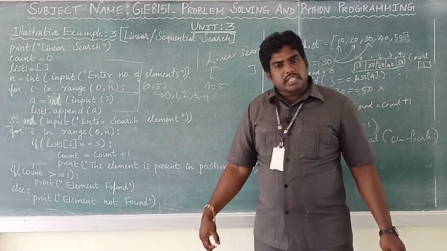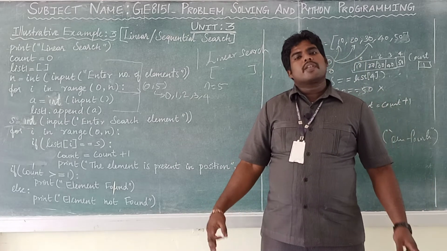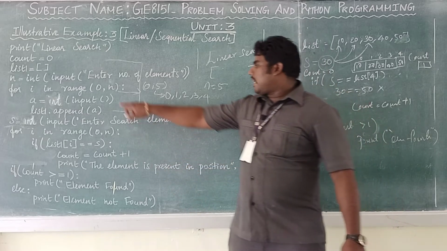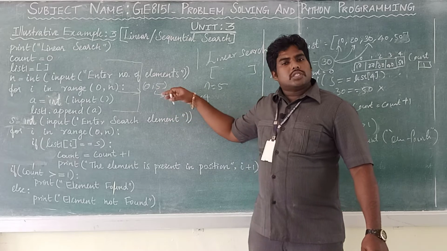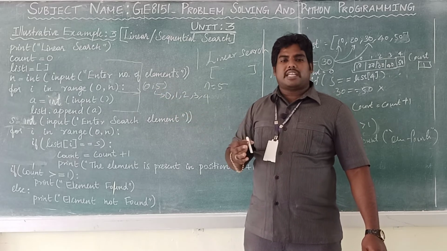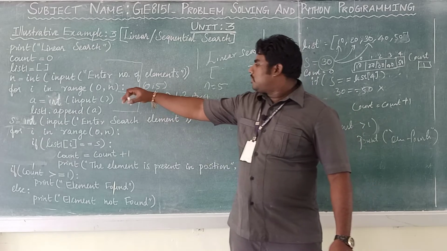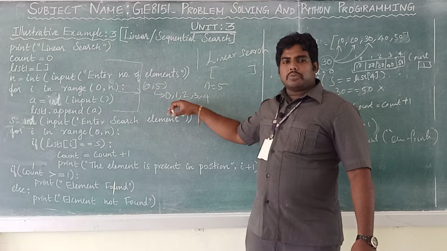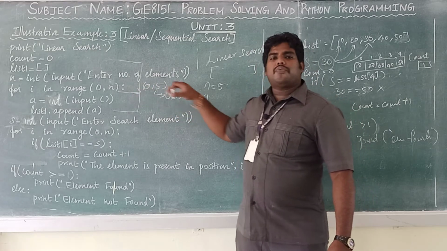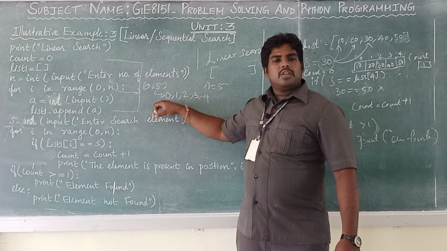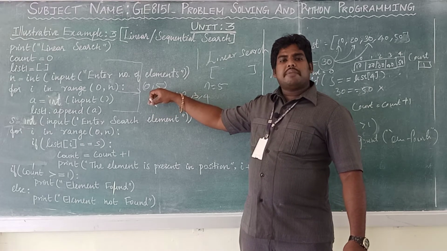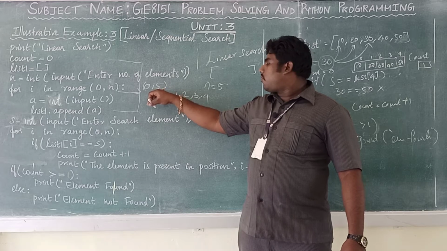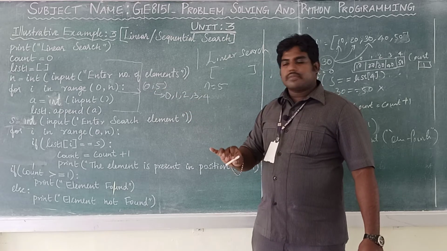Range is a function used to create a sequence of numbers. It is used for iteration, for looping. Range is used to create the sequence of numbers from 0 to 5. It starts from 0, and the end is always n minus 1. If you are giving 5, you will get till 4.